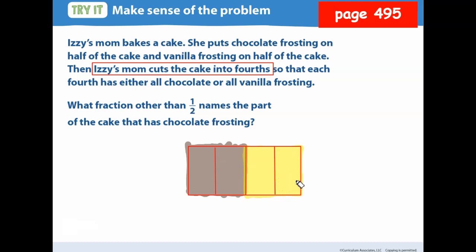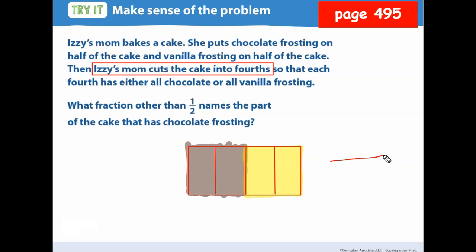Then it says what fraction other than half names the part of the cake that has chocolate frosting. All right. So what's the fraction for the chocolate frosting? Say it if you know it. Okay, it is a half, but what's the fraction that you see right here?